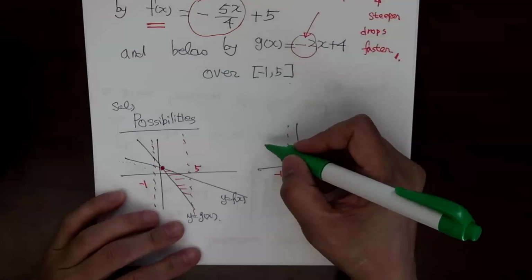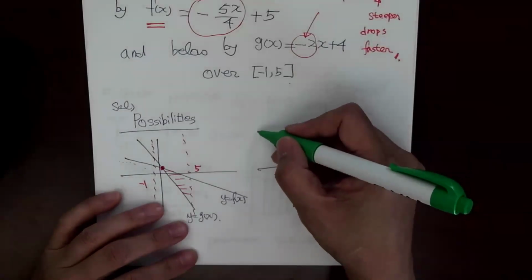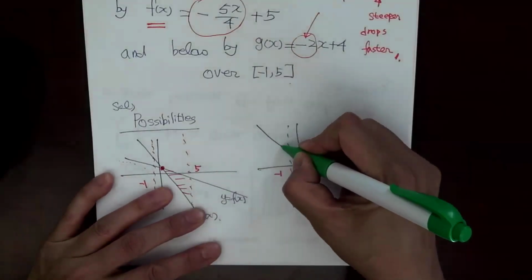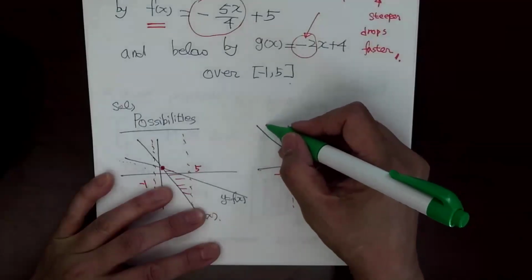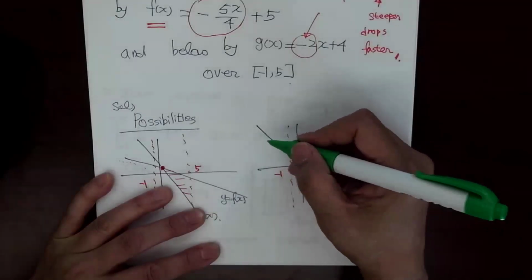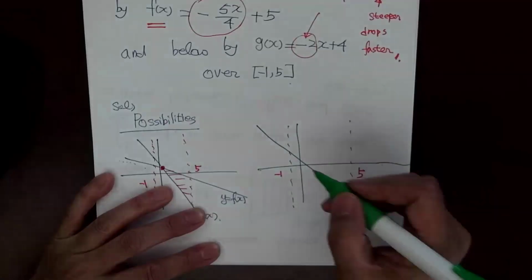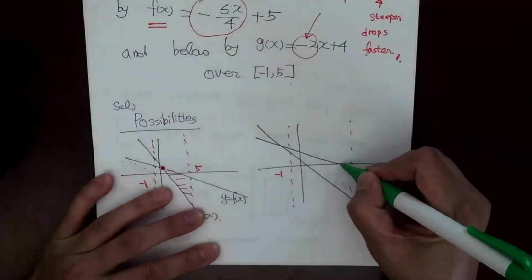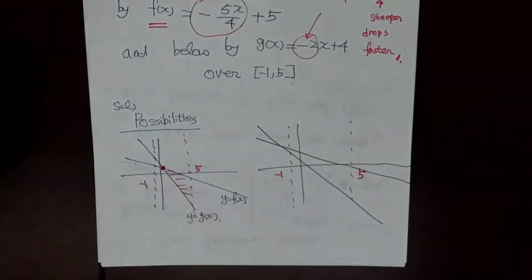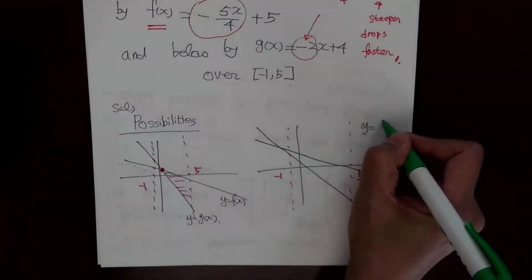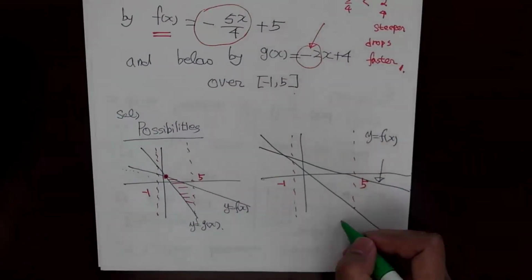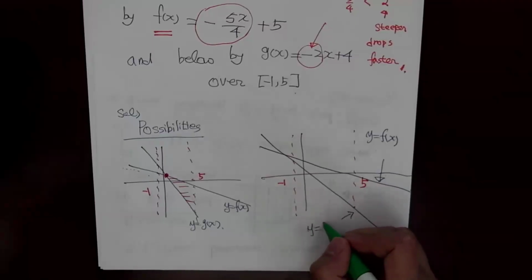Another possibility is something like this. It's not that easy to draw. Yeah, so it's like this. This one is y equals f of x, and this one is y equals g of x.